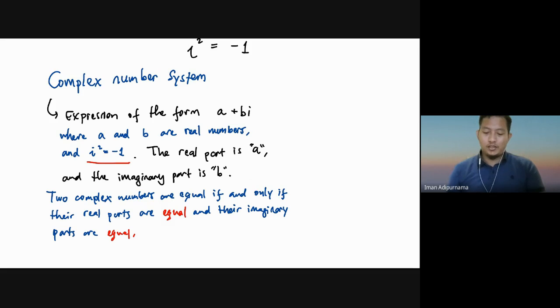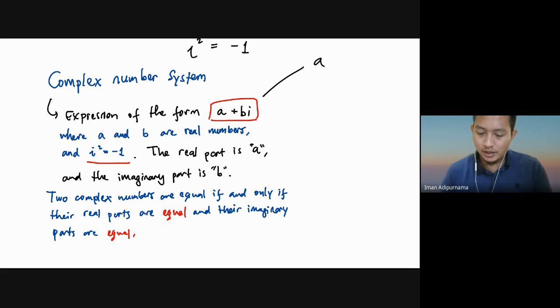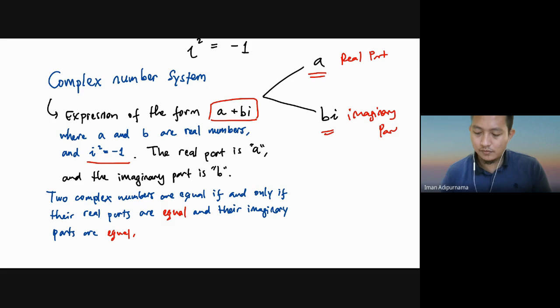The official definition is quite long, but I believe this is the important thing here. We have a and bi, so this is the real part, and this is the imaginary part.